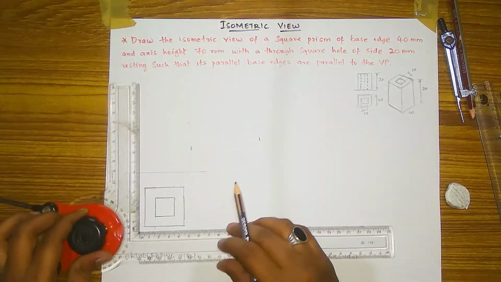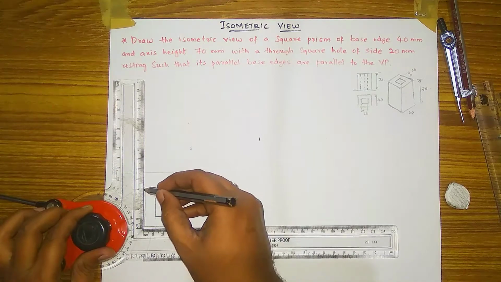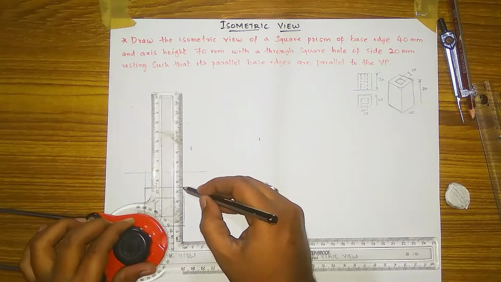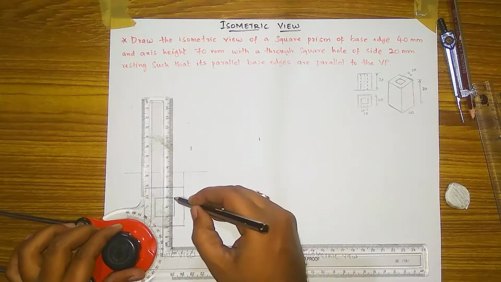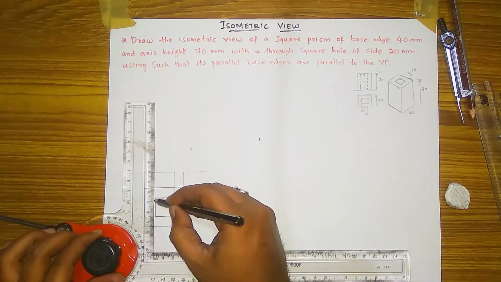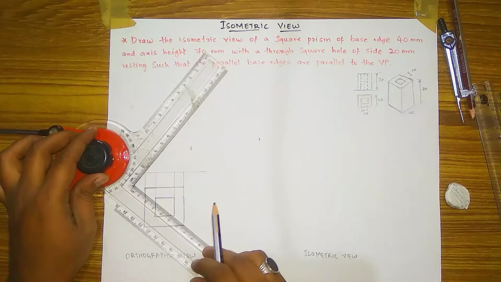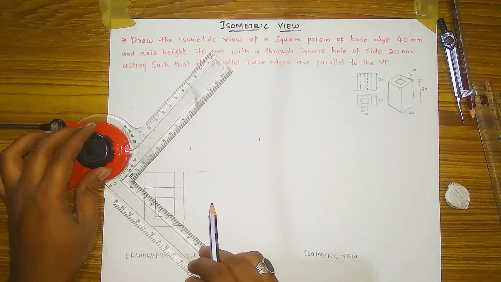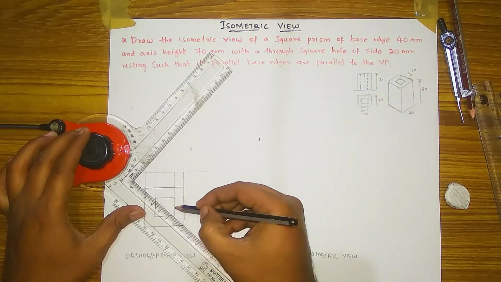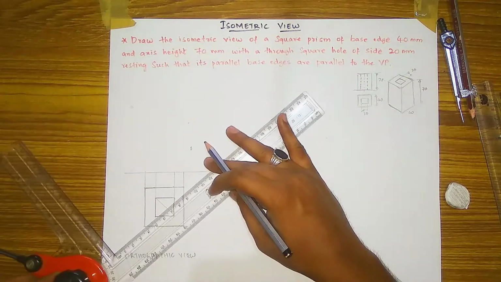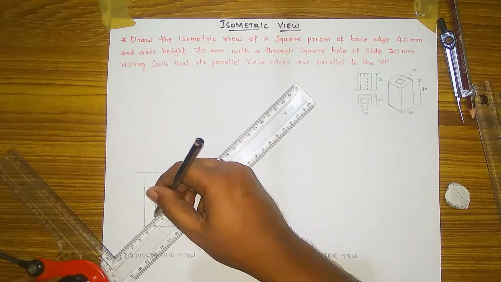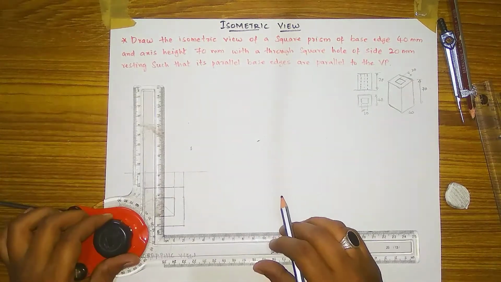After this, you have to draw the projection lines to this XY line from this square's ends and this square's ends, and also from the middle. So by drawing from the corners, I will get the center of this square like this.